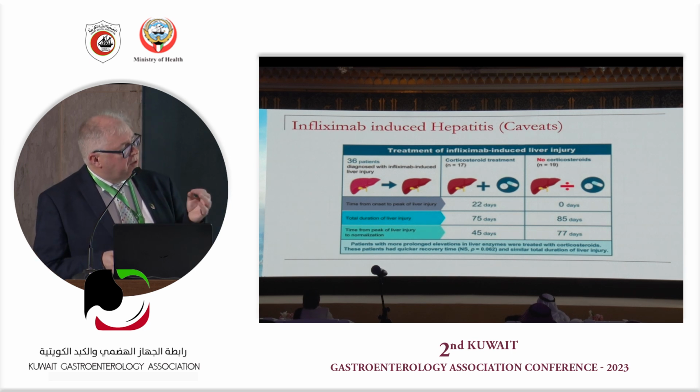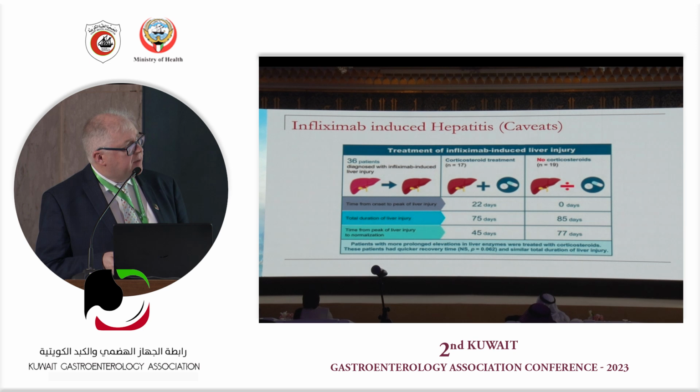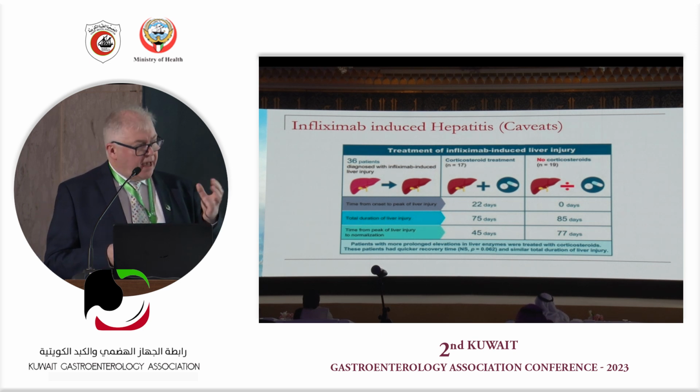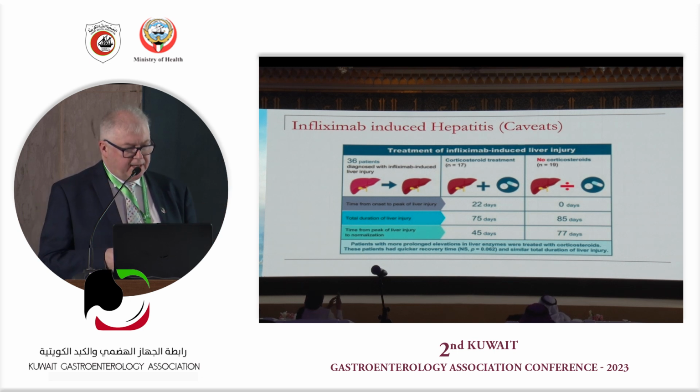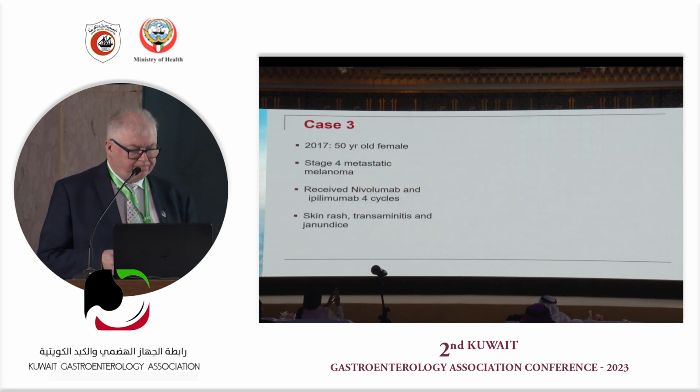Similarly, in the inflammatory bowel disease patients, you will see an acute episode of hepatitis, and actually if you give these patients a short course of steroids, it tends to make things recover, but they don't tend to relapse.